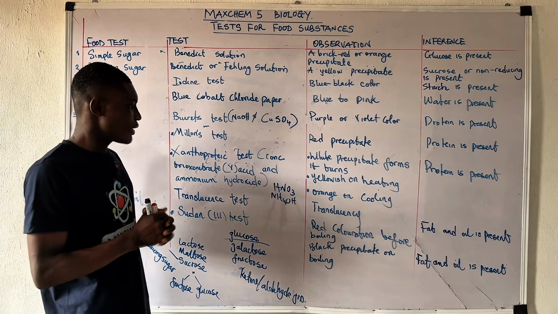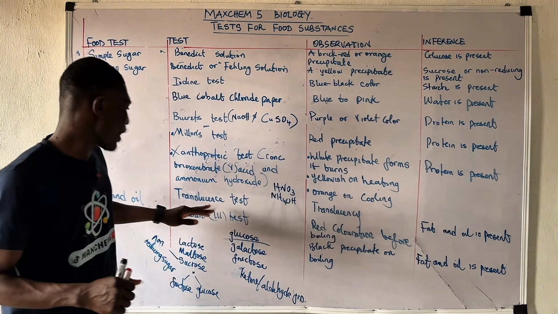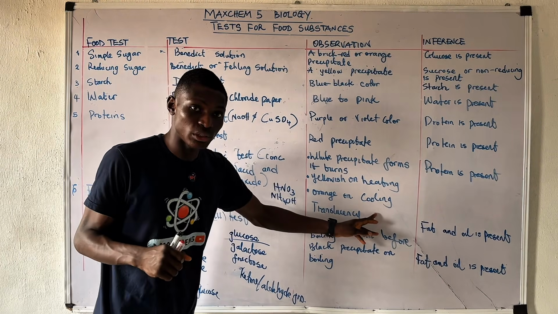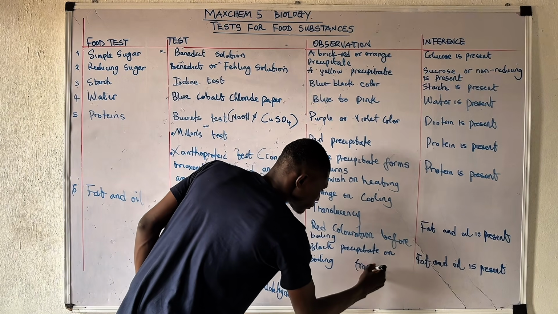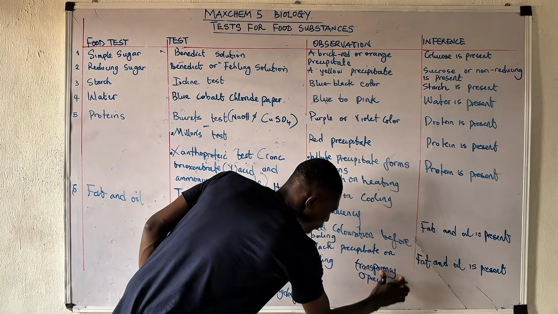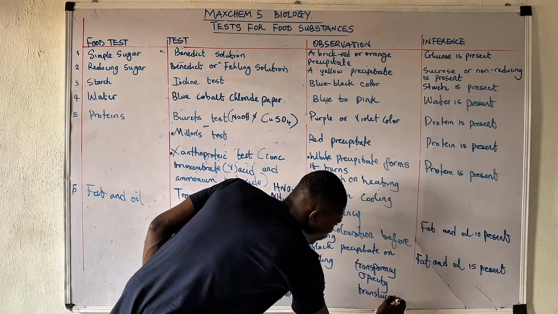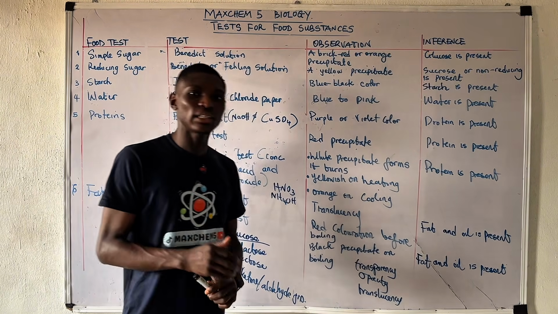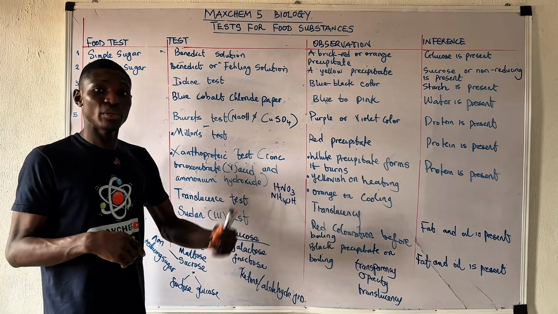What we are testing here is translucency. There is a difference between transparency, opacity, and translucency. In transparency, light can pass through the material and you can see through, such as a piece of glass.